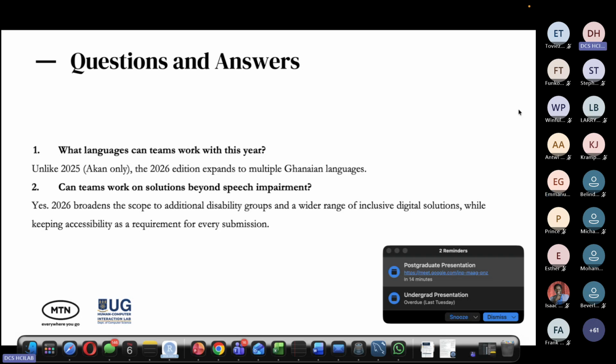Could you state your question again? So when you were doing the presentation, I realized that most of the stages were ideation. So I wanted to know if there are times given for the team to build.